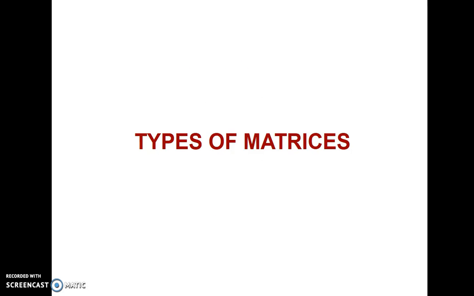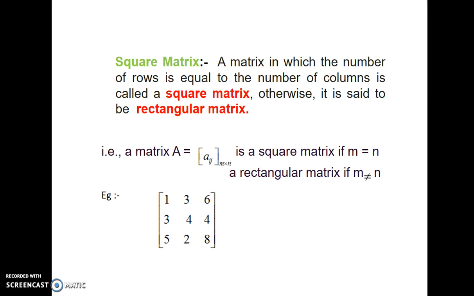Now let's see different types of matrices. The first one is the square matrix. In a matrix, if the number of rows and the number of columns are the same, it is known as a square matrix. Otherwise, we call it a rectangular matrix. Look at this example: it is a 3 by 3 matrix, 3 rows and 3 columns.